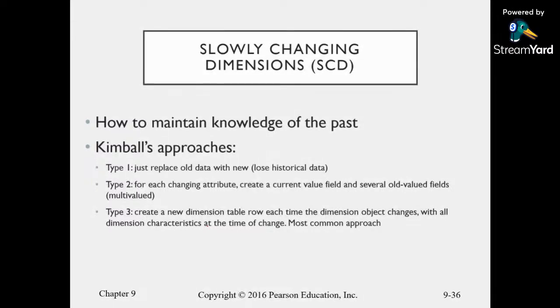That is multi-valued. The third type is to create a new dimension table row each time the dimension object changes, with all the dimension characteristics at the time of each change. This is the most common approach.